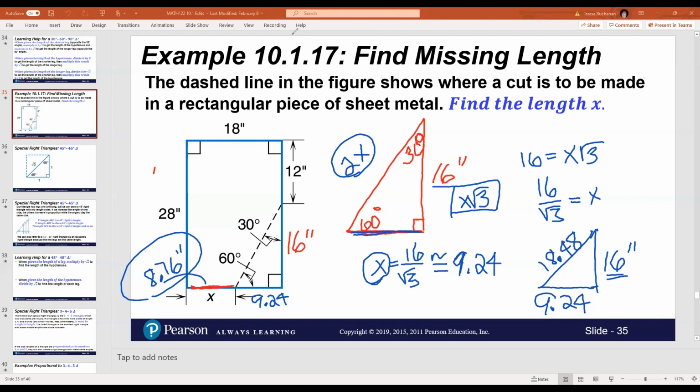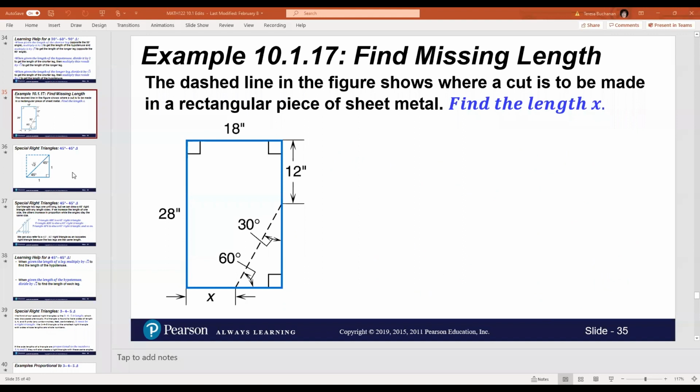So what I did was take that given 16 inches, use that to name my X. Shortest side is that. I used 2 places to get that to be precise enough, 9.24, and to get this value, I subtracted the 9.24 from the 18. Ta-da. Okay, lots going on today.